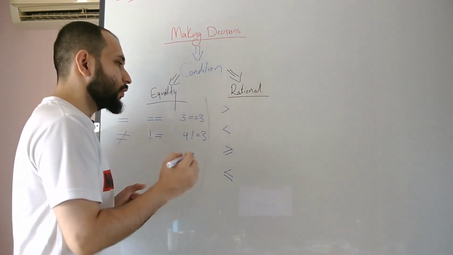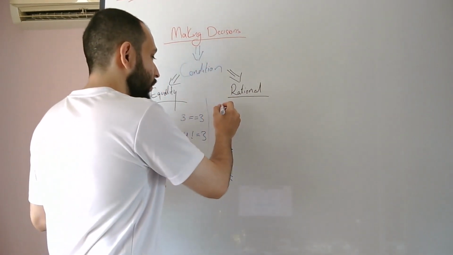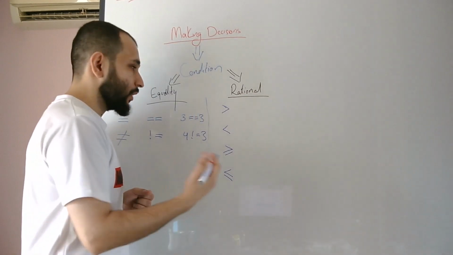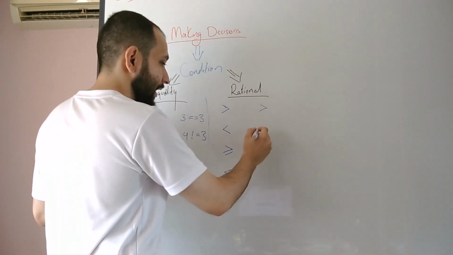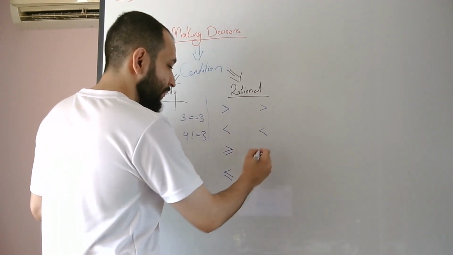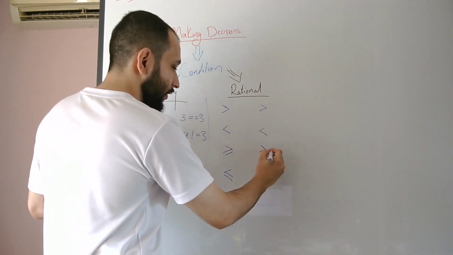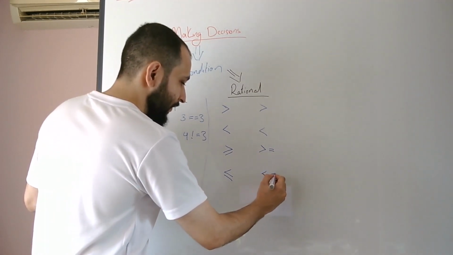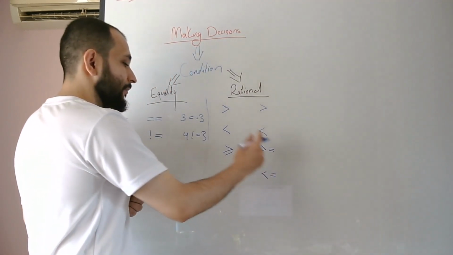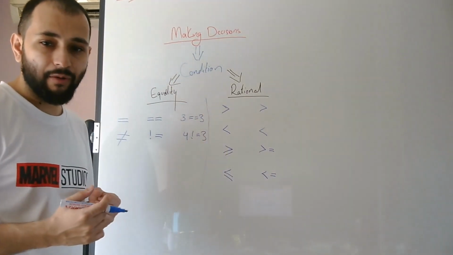These are the mathematical notations. In the C programming language, or in programming in general, greater than is the same, less than is the same, for greater than or equal to we have an equal sign at this side, and for less than or equal to, we have an equal sign on the right side of the operator.